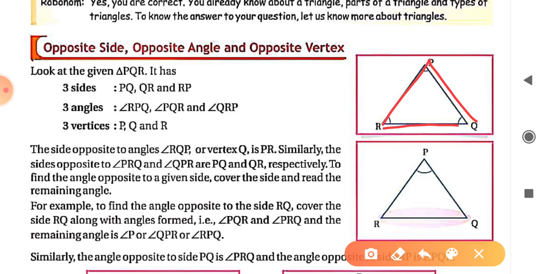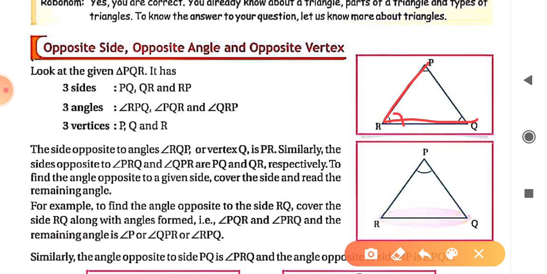There are three angles, that is angle RPQ, that means this angle. And next is angle PQR, that means this angle. Next is angle QRP, that means this angle.